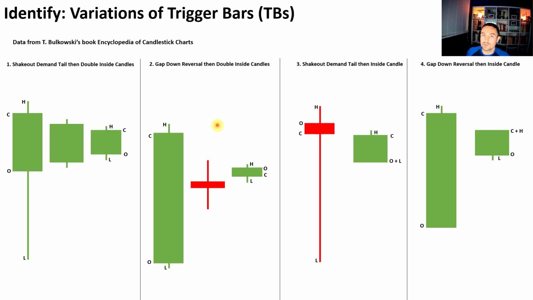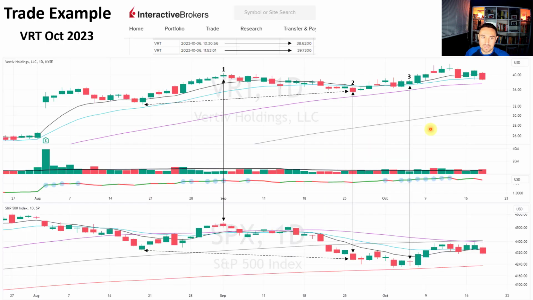Trigger bars are often tight, low volume inside bars, and they could occur inside, say, a shakeout demand tail, and maybe you then get a back-to-back inside bar, or maybe a gap down reversal bar and a back-to-back inside bar, or it occurs as an inside bar after a shakeout demand tail, or an inside bar after a gap down reversal bar, a bullish engulfing candlestick. So there's variations of setup, but it's about understanding optimal chart patterns, optimal entry candlesticks, understanding statistics around them, and trying to pinpoint that it happens on one or more key moving averages. Does the risk make sense as well?